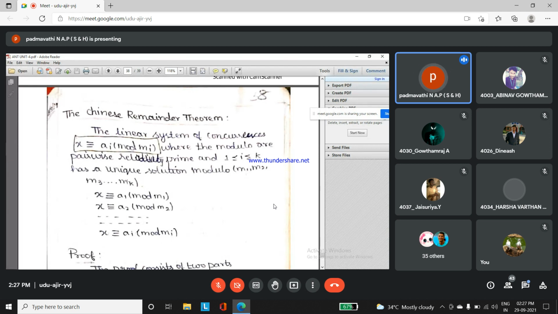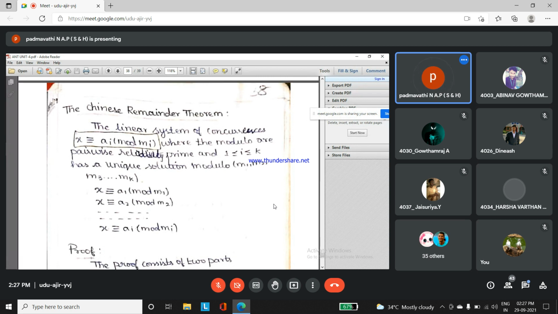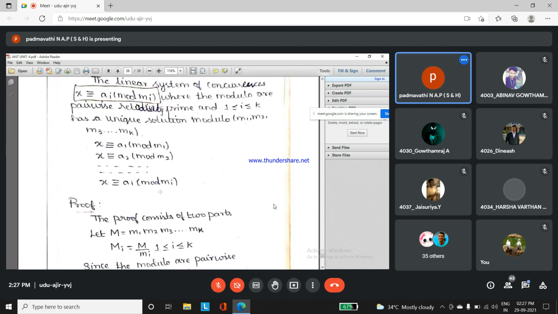We have to prove x has a unique solution modulo m1, m2, m3, etc., mk. That is the statement of the theorem. The important thing is that the linear system of congruences has a unique solution modulo m1, m2, m3, etc., mk.